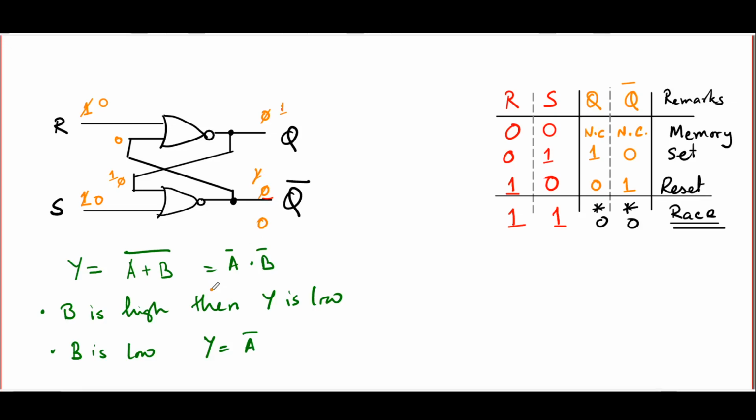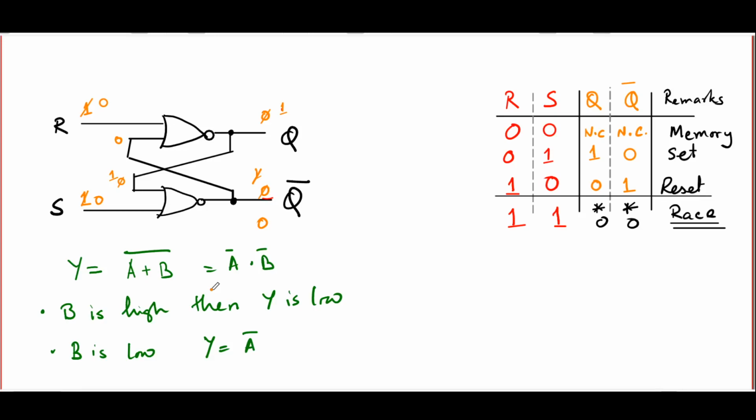As a result, what you will get is Q equal to 1, Q bar equal to 0. But that is presupposing that the output of the upper NOR gate changes first. If the output of the lower NOR gate changed first to 1, then it would force the output of the upper NOR gate, namely Q, to go to 0. So now it's a race between the two possibilities.